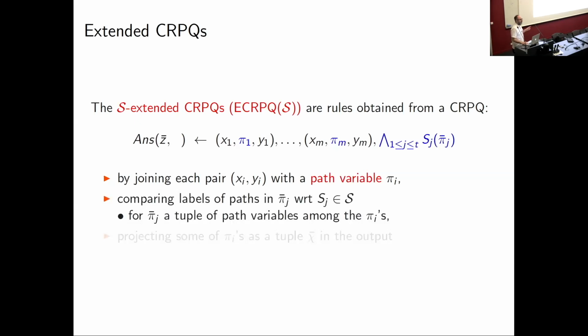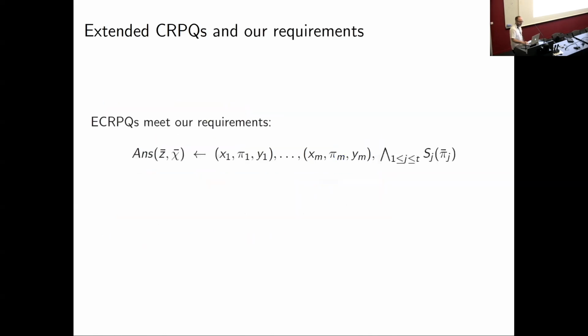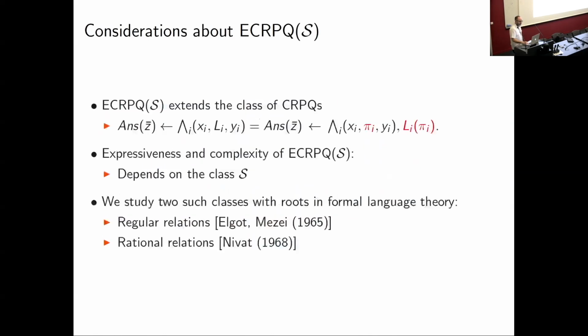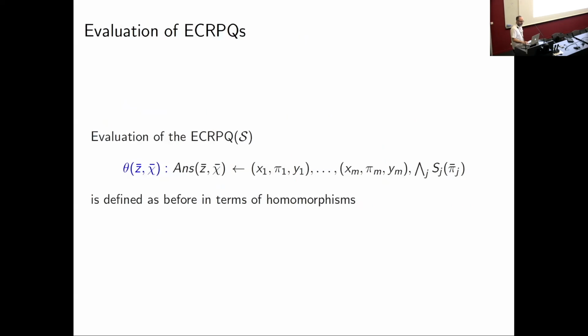Then we will be able to compare paths, in terms of pairs or even tuples of paths, in terms of membership in some relations. And we will be able to project some tuples of paths in the output as well. So we may want to retrieve paths, not just nodes.